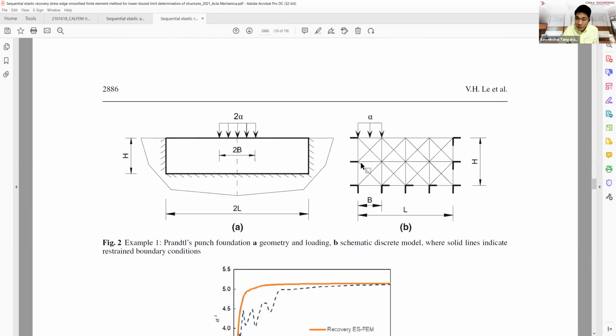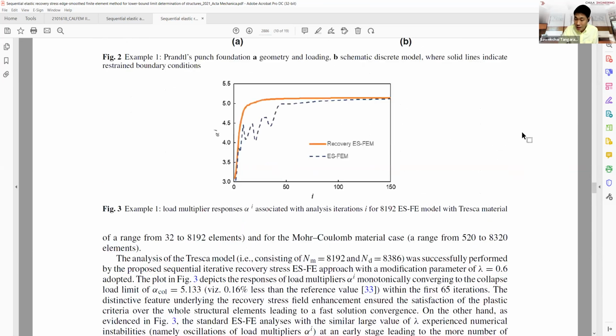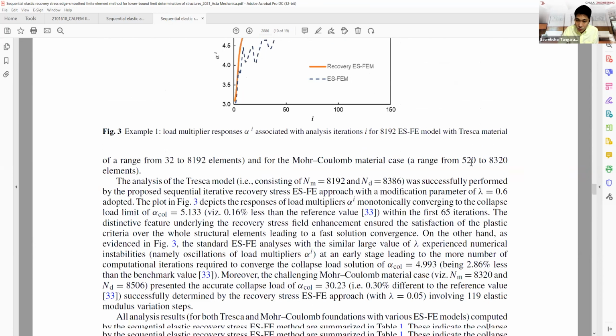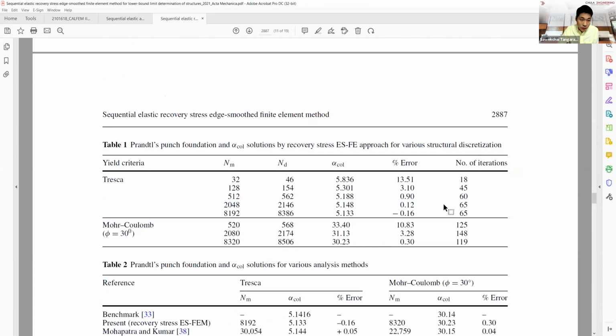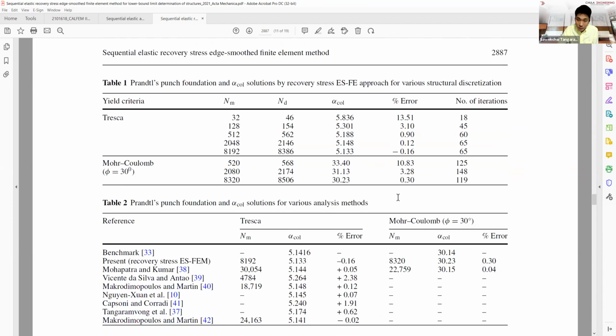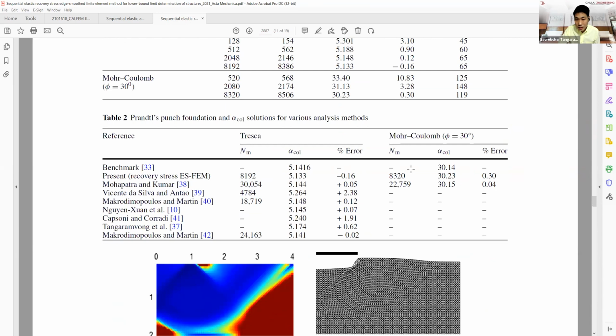You see, I start from a very coarse mesh. The mesh is not much, we call it a coarse mesh, but I run the nonlinear analysis as well. When we check the accuracy, we talk in terms of the number of elements and compare the accuracies.